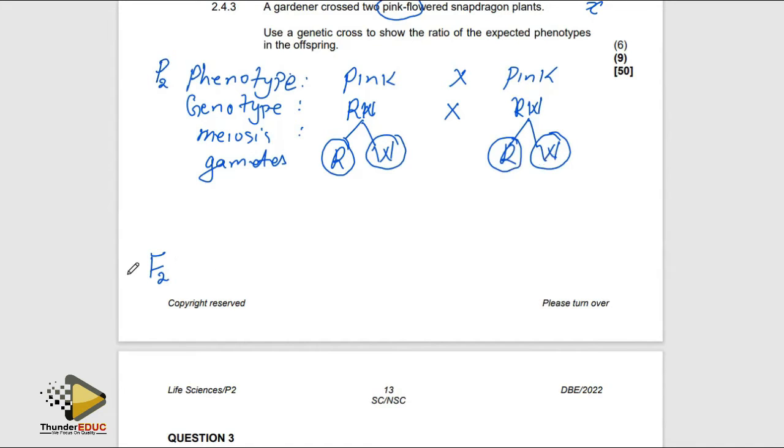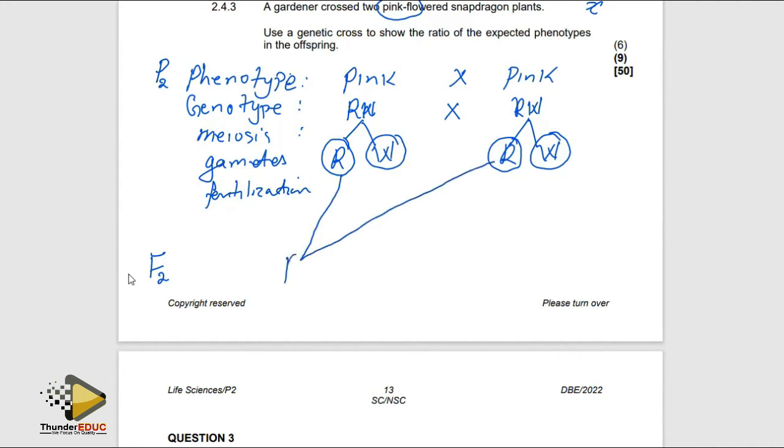All right. Now these gametes are supposed to fertilize each other. Don't use the word fission. We won't give you a tick. Fertilization. When fertilization occurs, you can use a Punnett square, or you can use crosses. Since it is a monohybrid cross, you can use crosses. For example, this goes with that.